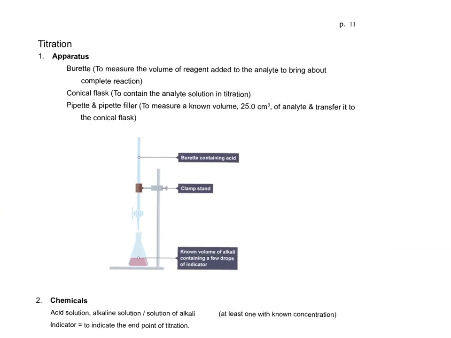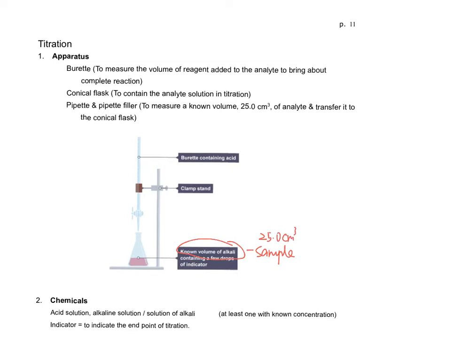Now let us look at how to carry out a titration. Usually, a known volume of sample solution is placed in a conical flask with a properly rinsed pipette, and the volume is usually 25.0 cm3.